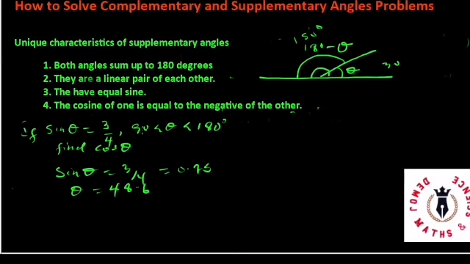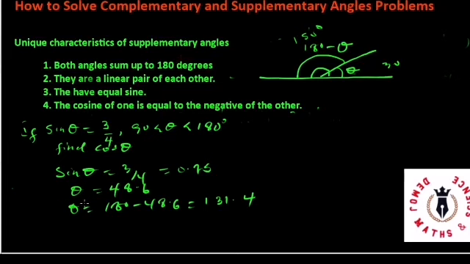That means for theta to lie between 90 and 180, our desired angle must be 180 minus 48.6, which is equal to 131.4.